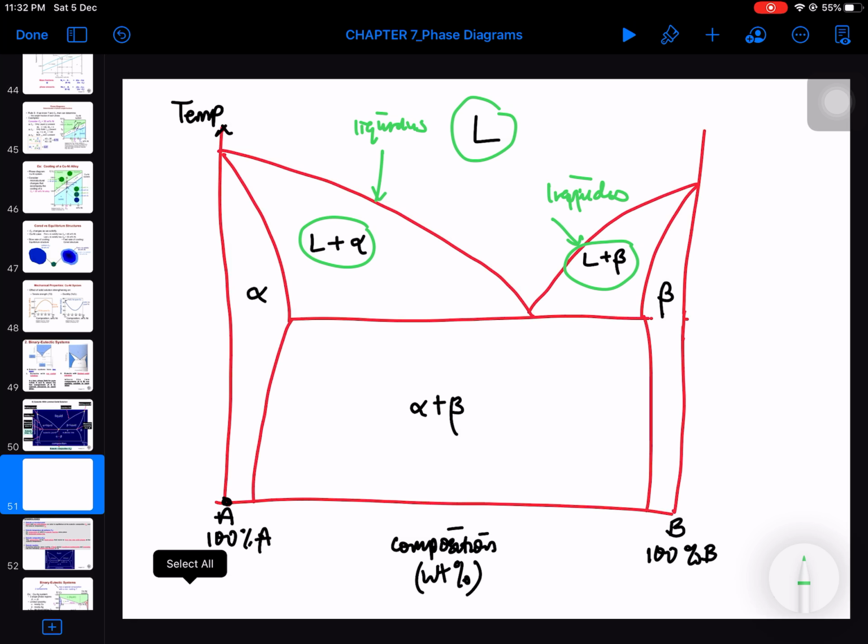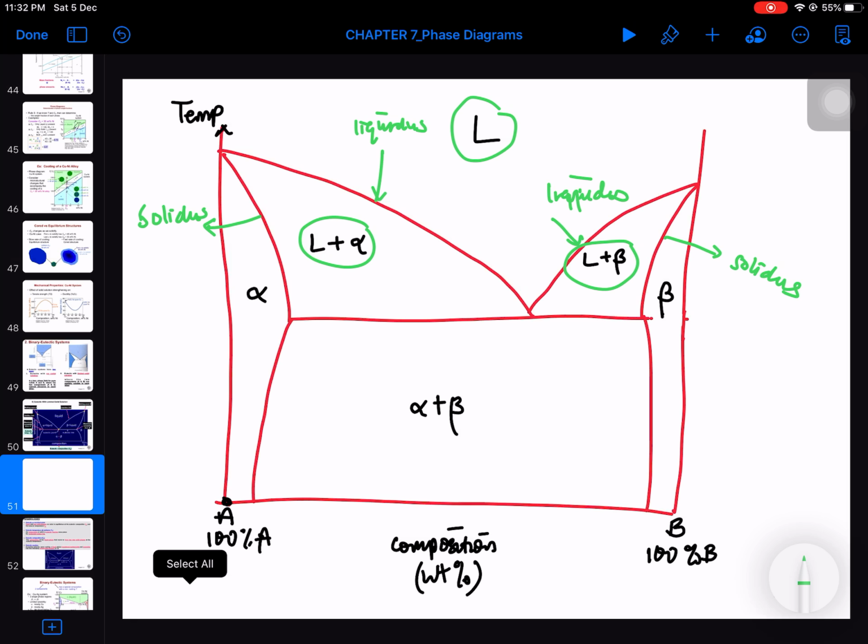Then we have the solidus line. Previously we already looked at the solidus line, below which it separates the liquid plus alpha from the alpha region. And this is the solidus line on this side, where it separates the liquid plus beta and the beta region.